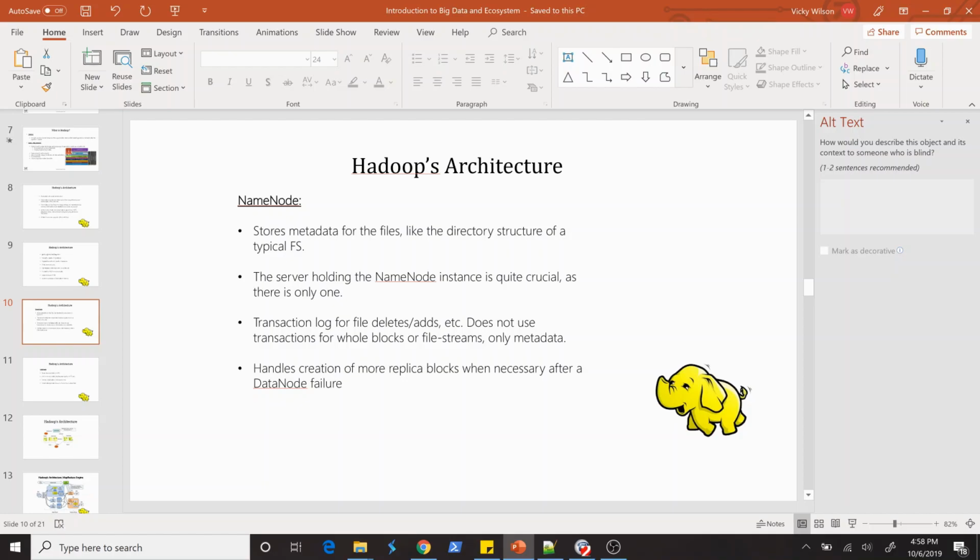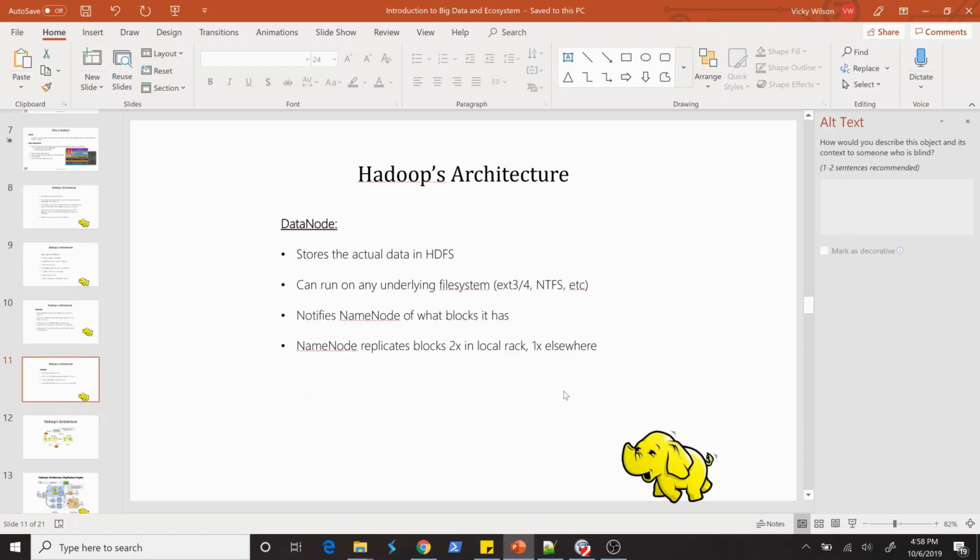And then you have the data node, where all your files are stored, where each file is basically split based on the block size. Let's say you write a 1 GB file directly to HDFS. How does the data node underneath it split and keep track of which block resides on which data node?